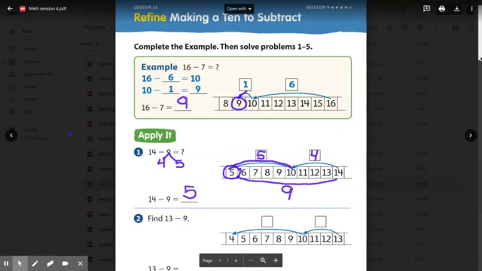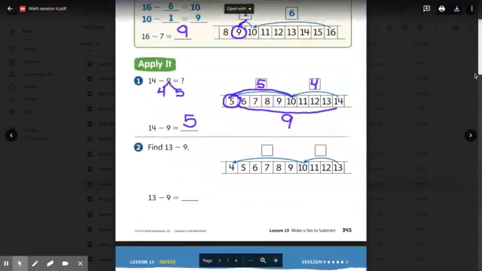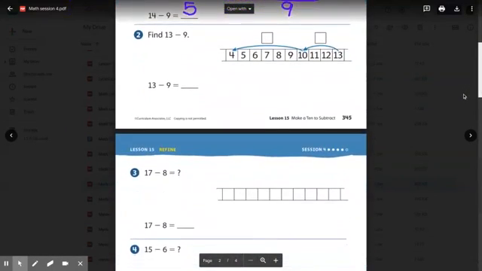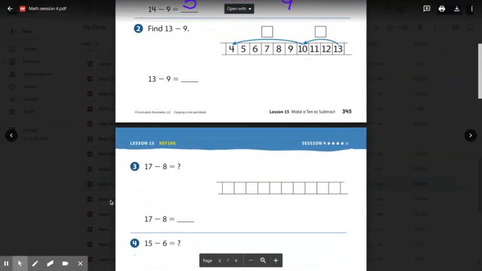Okay, number 2 at the bottom. Remember, you can pause this anytime. All right, so we're finding 13 minus 9. We start at 13 and we first have to get to 10. How many jumps was that? That was 3.